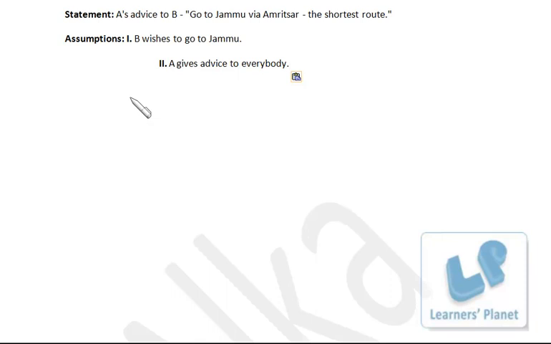Moreover, it is possible that B is A's friend or relative, and that's why he is advising him. And apart from that, A might have gone to Jammu via this route, and he might have found that the route is quite short and convenient. That's why he's advising B.